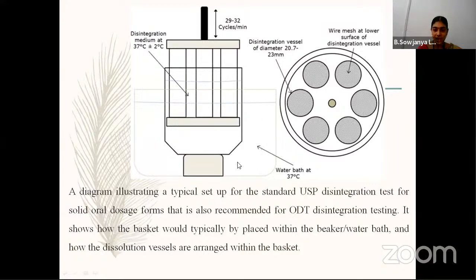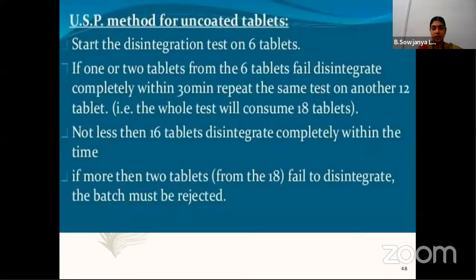Within the beaker or water bath, the disintegration vessels are arranged within the basket. The disintegration varies according to the classification of the tablets, so the disintegration nature and the time vary based on the tablets. According to USP, here is the method to be followed for uncoated tablets.